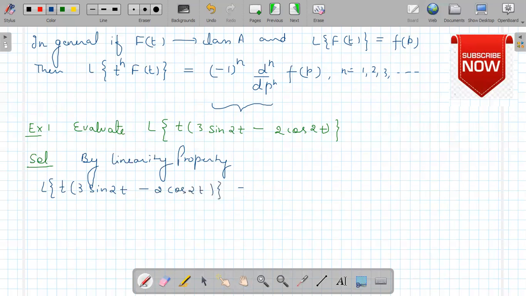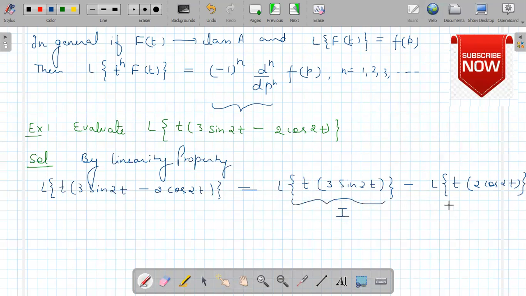It can be written as Laplace transform of t 3 sin 2t minus t 2 cos 2t. This gives us two expressions. We mark this as 1 and mark this as 2, and let us solve them separately.